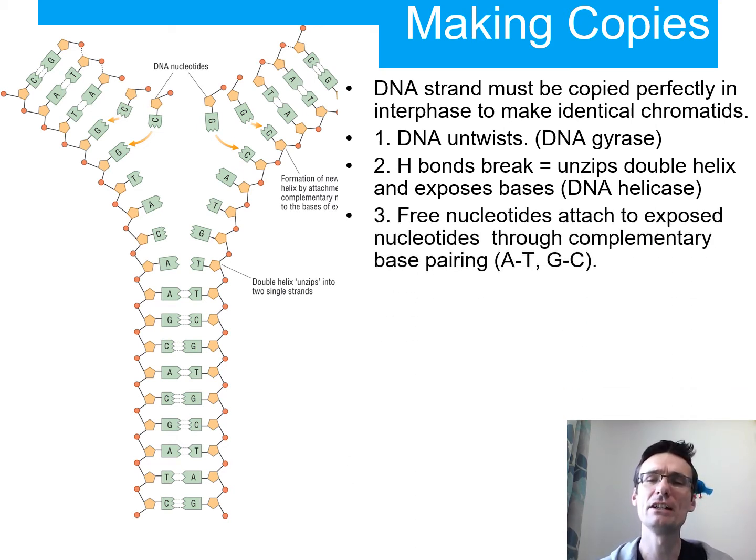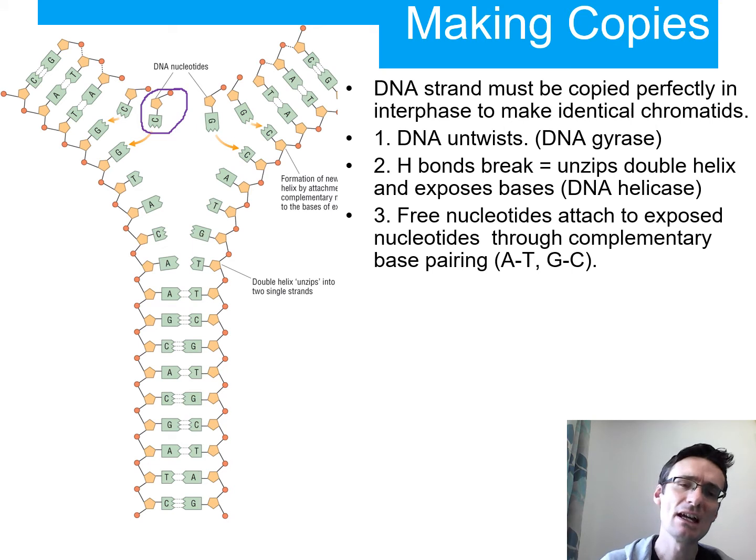Then in the nucleus there are free nucleotides. If you look at the diagram, up at the top you can see there is a nucleotide that is not attached, so they're being made constantly in the nucleolus, I believe it is, and they go into the nucleoplasm, and then the free nucleotide is able to attach.